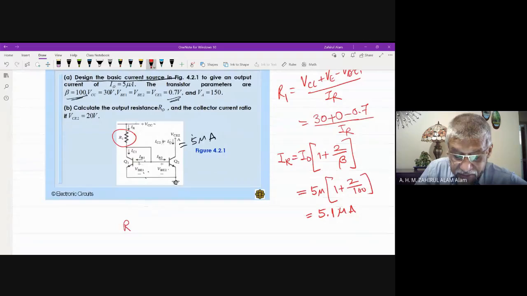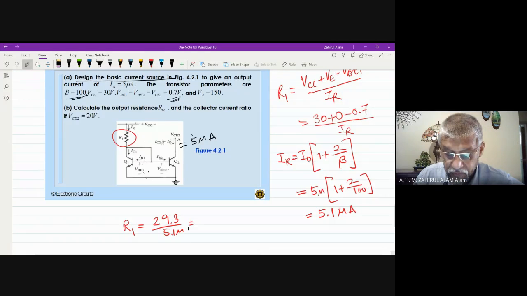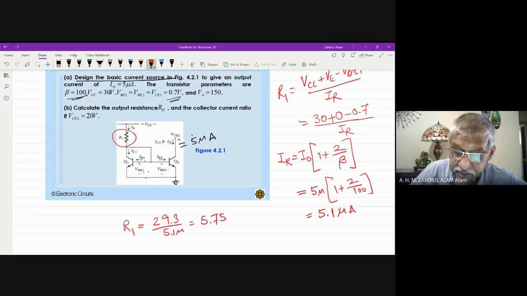So now we can find R1 is equal to 29.3 divided by 5.1 micro, which is 5.75 mega ohm.